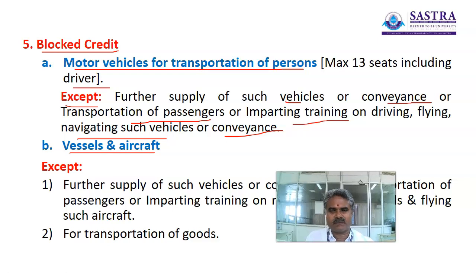Except further supply of such vehicle or conveyance, transportation of passengers, imparting training, even aircraft also, and transportation of goods. When you are using it for transportation of goods, you can avail ITC.